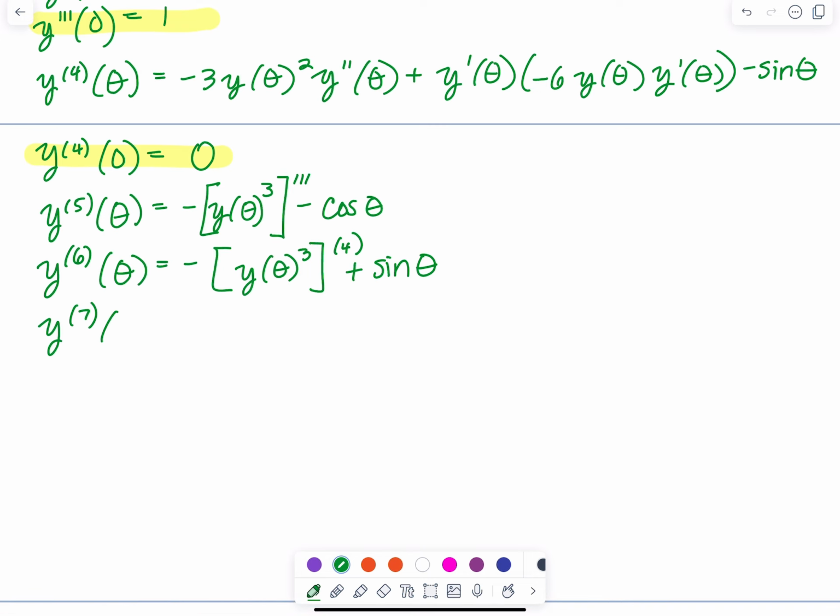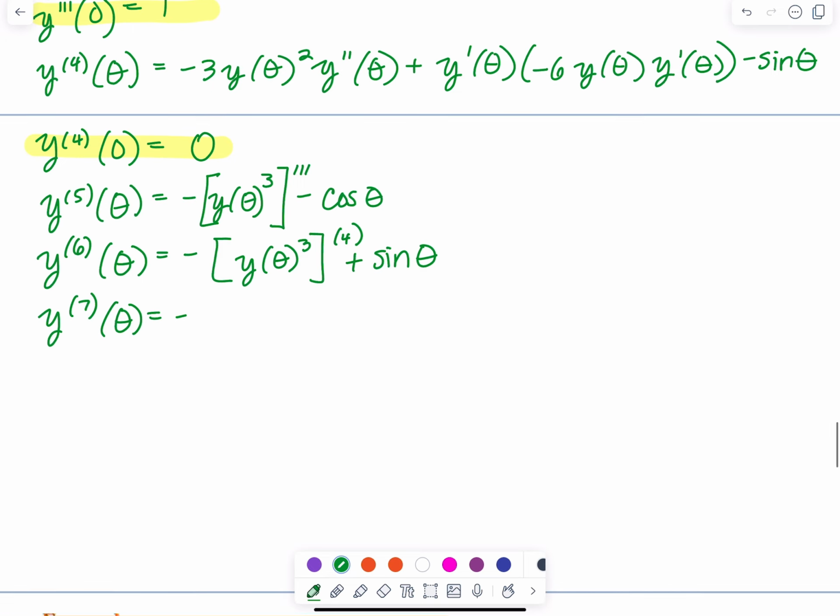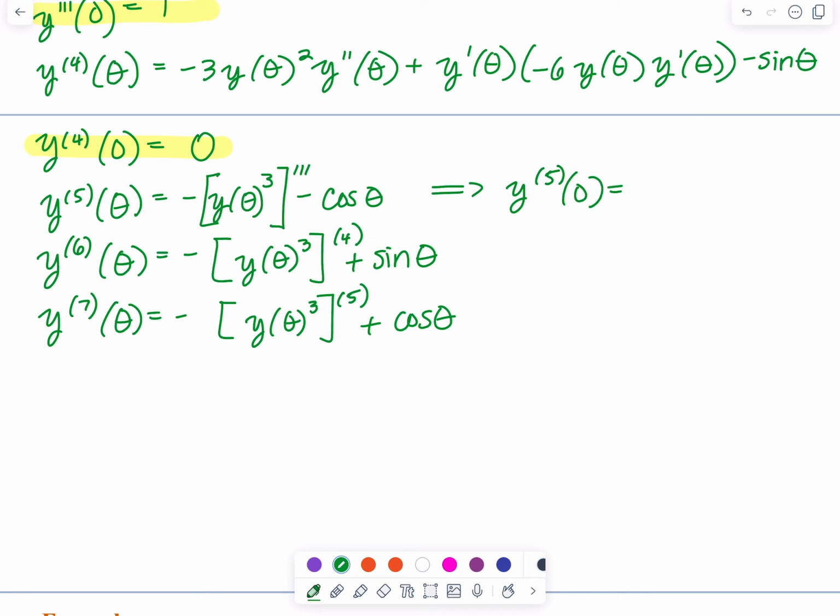The seventh derivative evaluated at theta is the opposite of y of theta all cubed, and that would be the fifth derivative plus the cosine of theta. We should be good. Let's go ahead and find the fifth derivative evaluated at 0, and we would have the opposite of the cosine of 0, which is equal to -1.